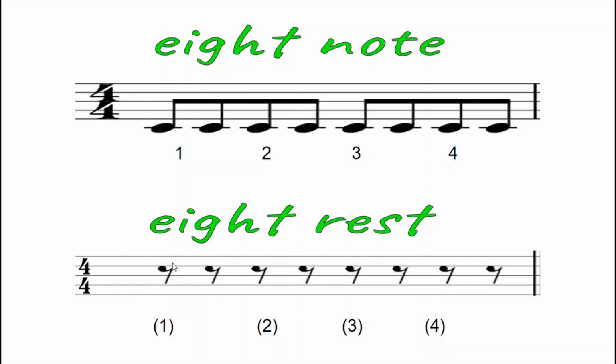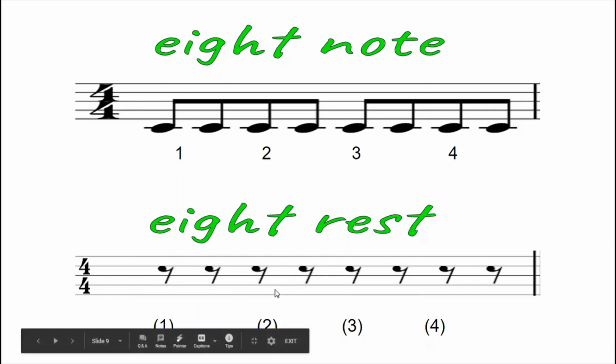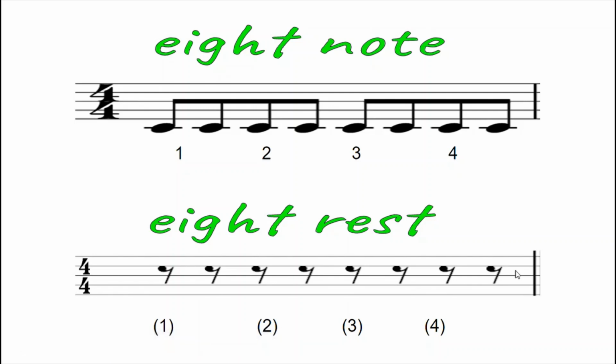Pero ang 8th rest ay may ganito. 1 and 2 and 3 and 4 and. Walang sound pero may counting. Ang note ay may sound at may counting pero ang rest ay walang sound at may counting lamang.